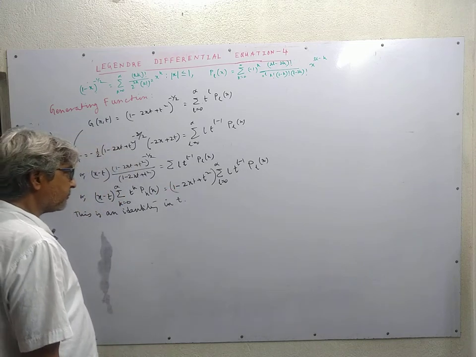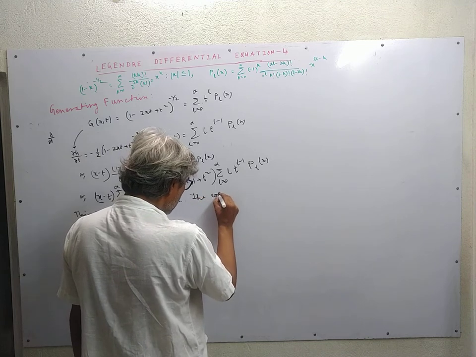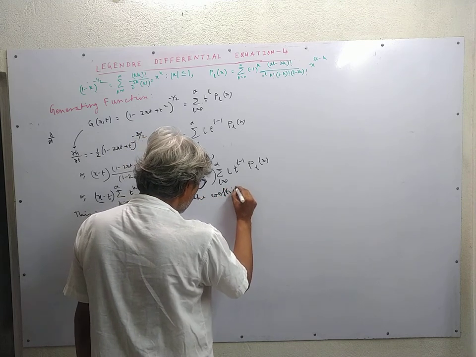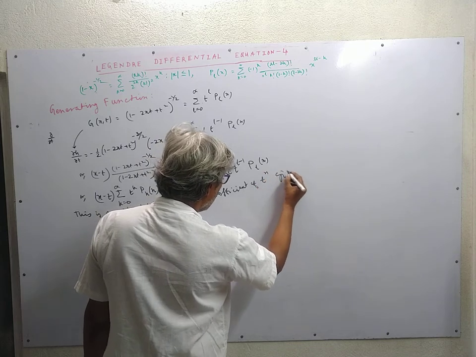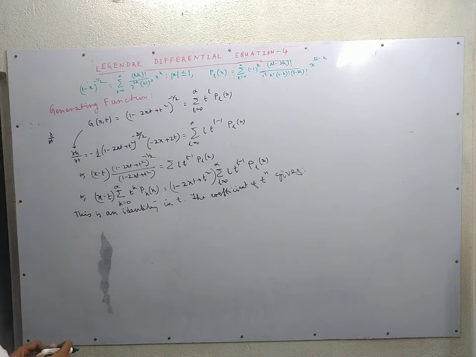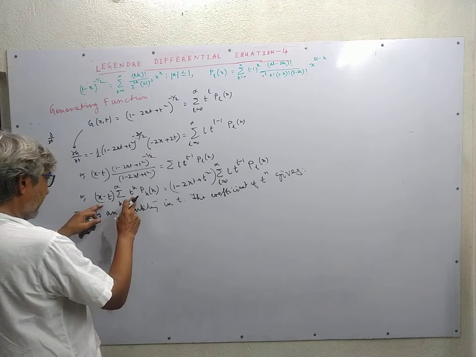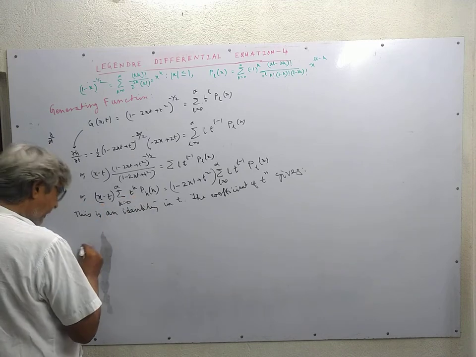The coefficient of t to the power n gives t to the power n. So when we multiply, this term will contribute to t to the power n for k is equal to n.